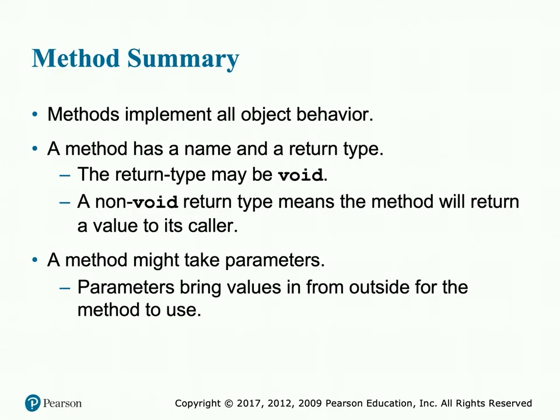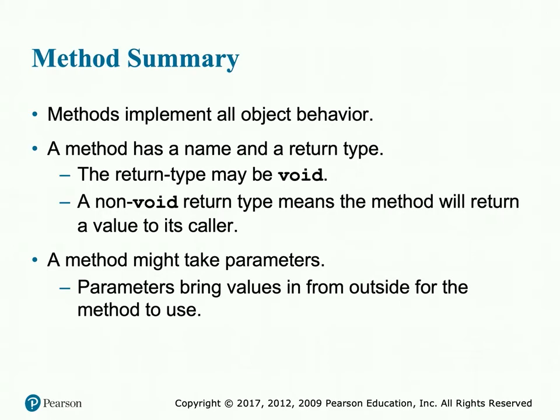Okay, let's summarize what we've talked about with methods. When we define a class, we're defining an object, and an object is kind of like a noun, then the method is the behaviors or the verbs that that object can perform. We want to think about the method header and the method body.